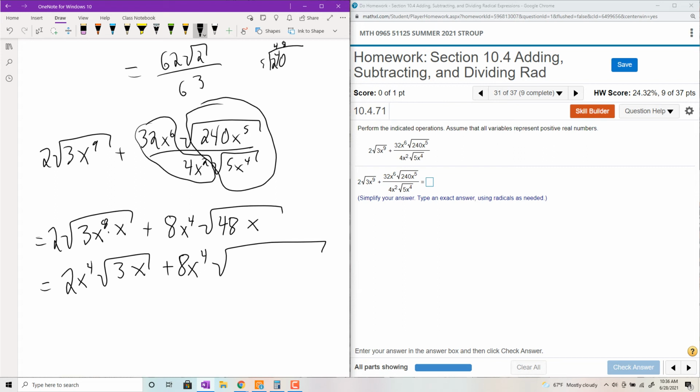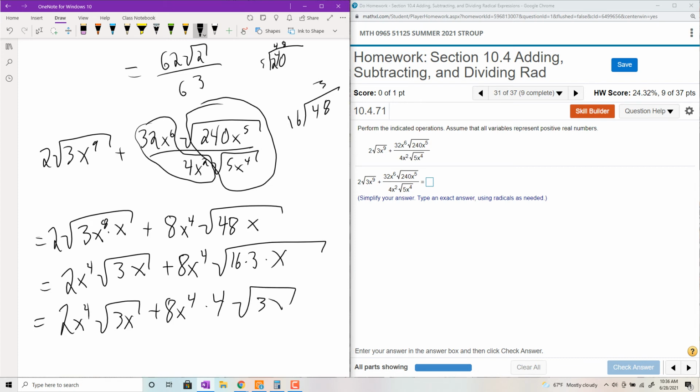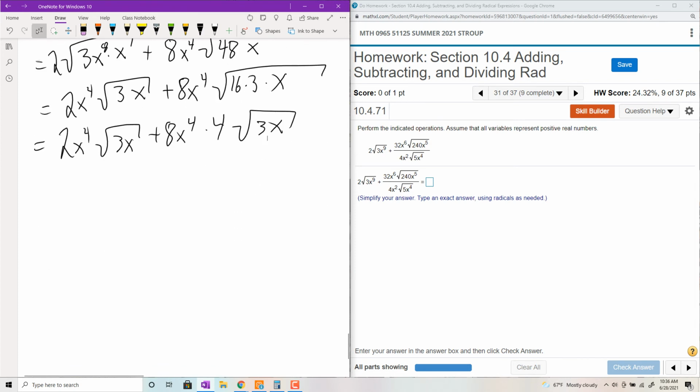48 is 6 times 8, so it's probably a factor of 4 in there, right? So 4, or maybe even 16, even better. So that'd be 16 times 3 times x. So 2x to the 4th square root of 3x plus 8x to the 4th times 4 square root 3x. And then those will be like terms, right?